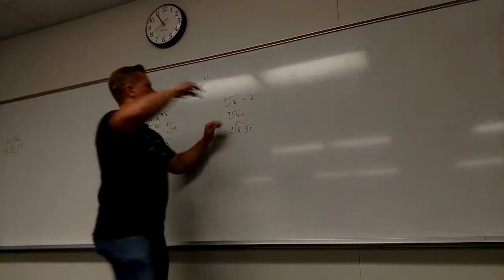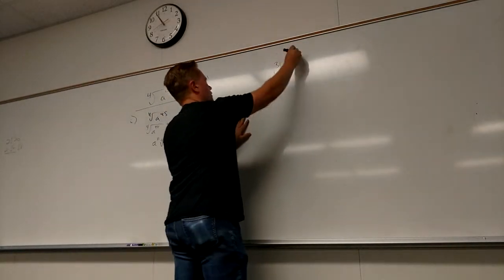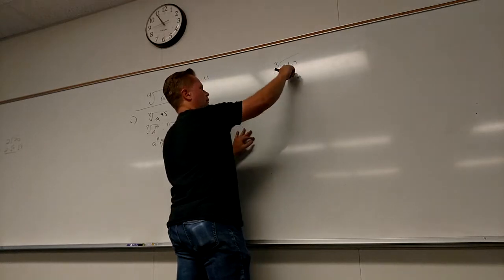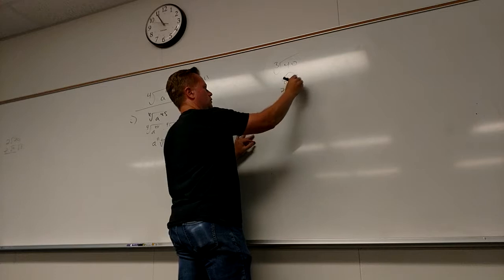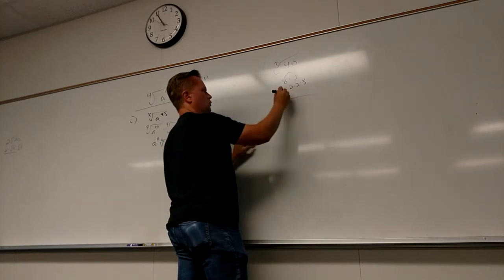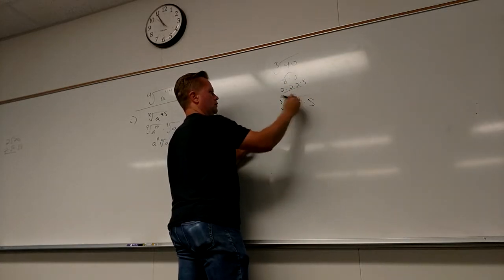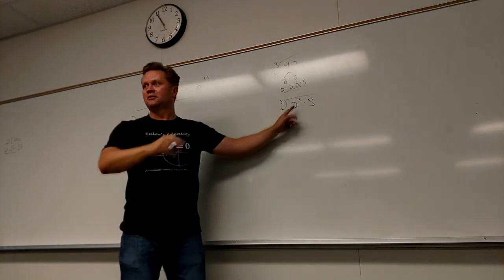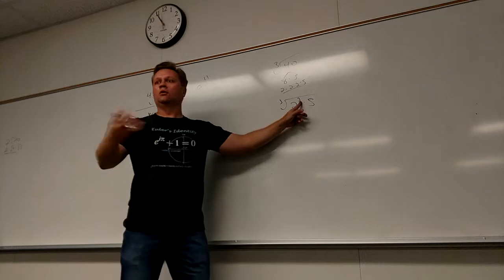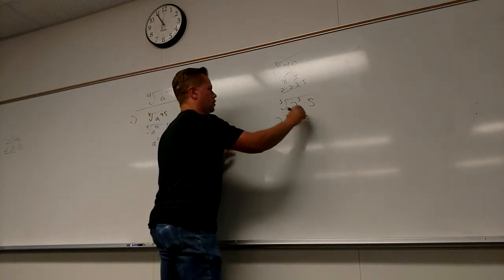Now watch, real quick. I want to show you something. If I take the cube root of 40, and I break 40 down into 8 times 5, so 2 times 2 times 2 times 5, isn't that the cube root of 2 cubed times 5? 3 goes into 3 once with no 2's left over.